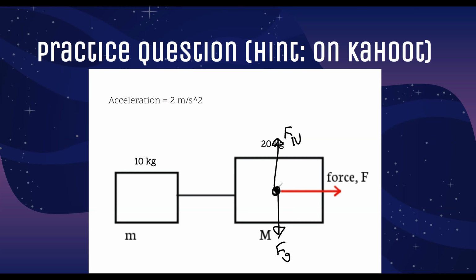I wouldn't say that because 10 is less than 20. Think of it more as the net force, right? We know that Isaac Newton came up with his second law: net force equals mass times acceleration. So in order to have a net, you need to have a difference. You need to have something bigger than the other.